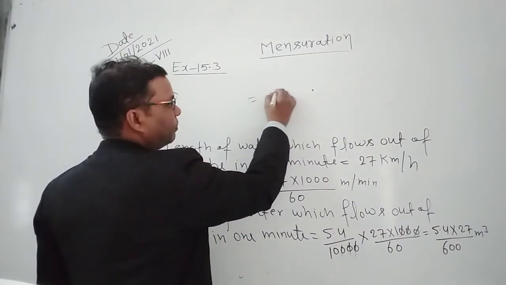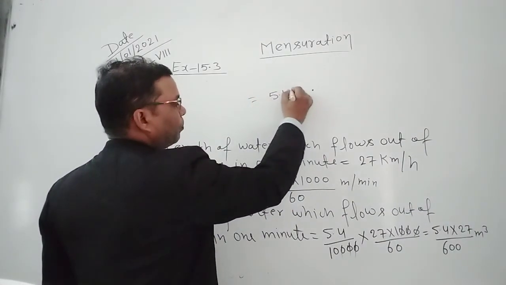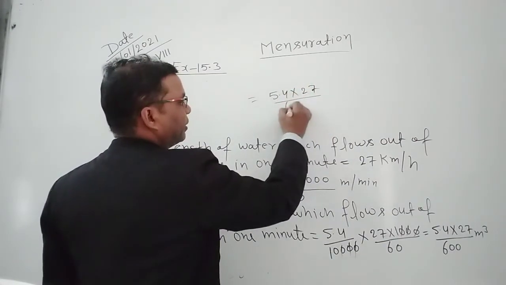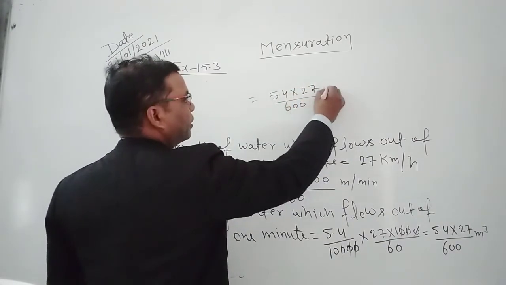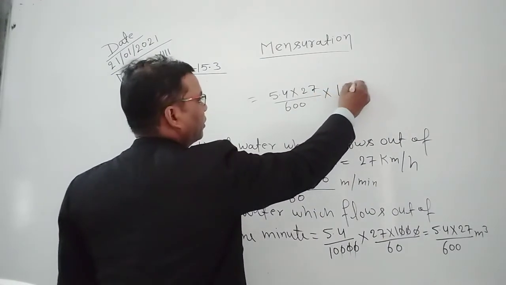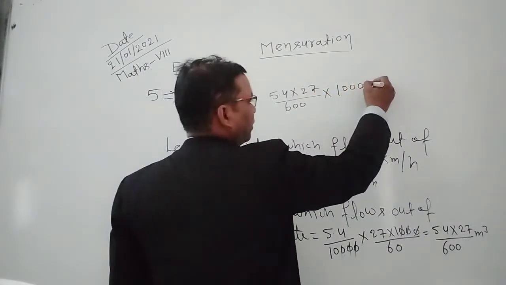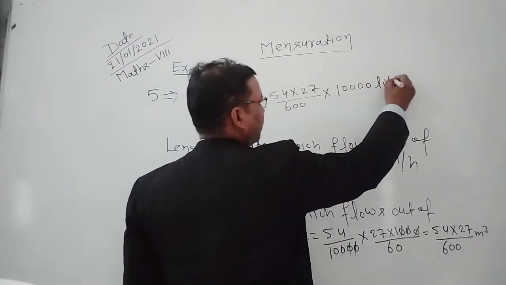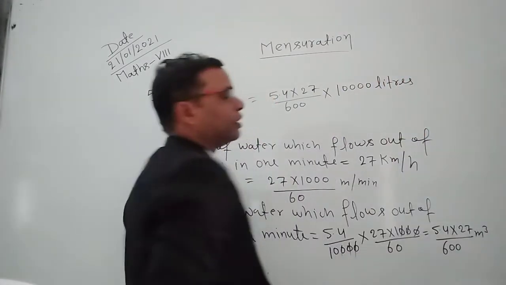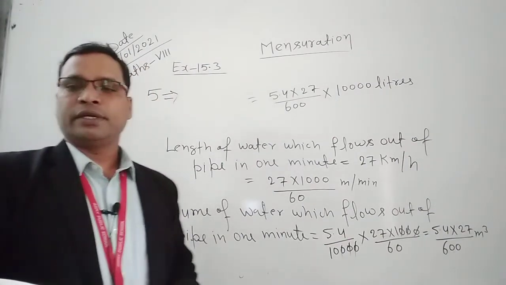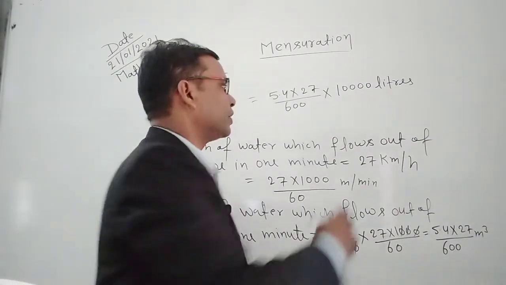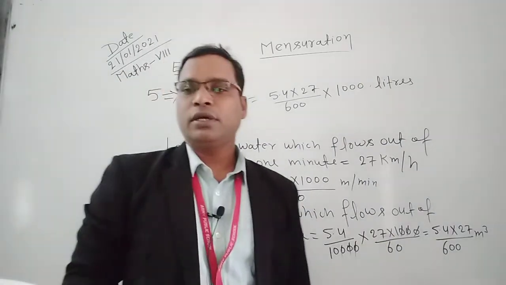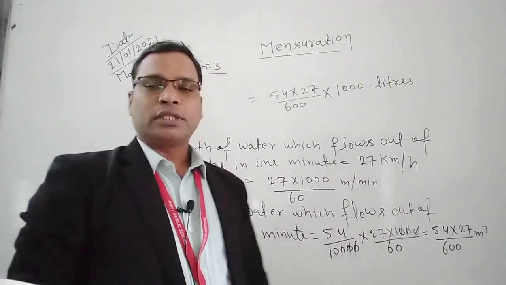So we have 5.4 into 27 divided by 600 into 1000 liters. Clear?